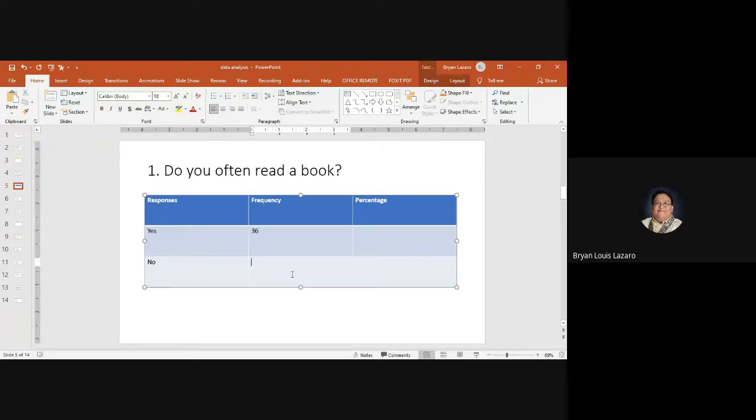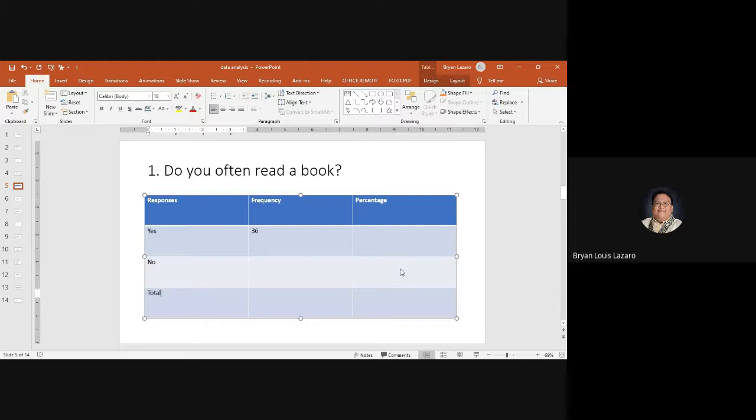Kunwari 60 respondents. Huwag niyong kakalimutan, yung dulo niya lagi total, ha? Total each. So, 36 halimbawa, at 14 na nag-no. A total of 50 respondents. 50 na lang, kunwari.